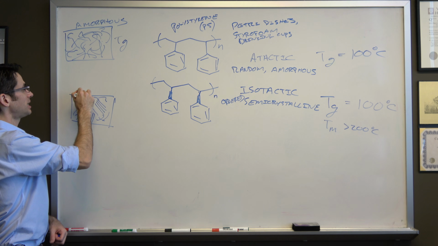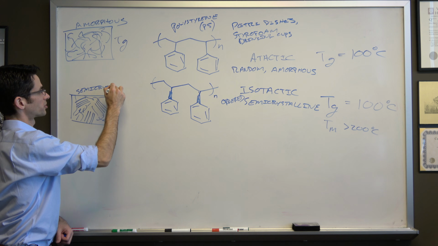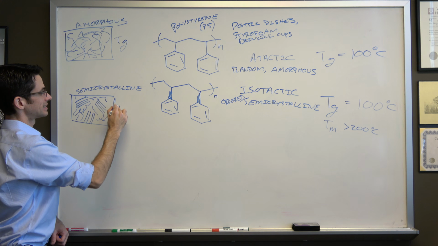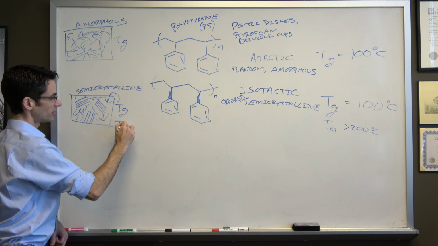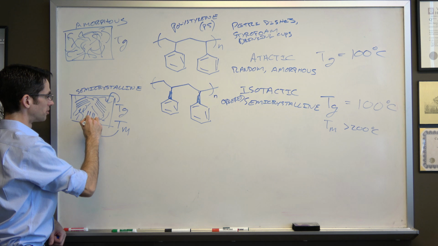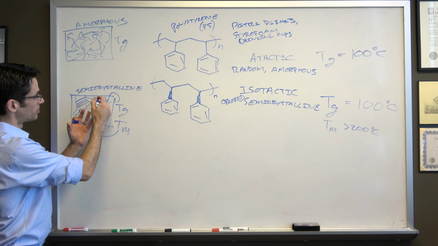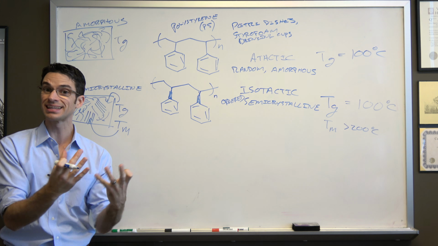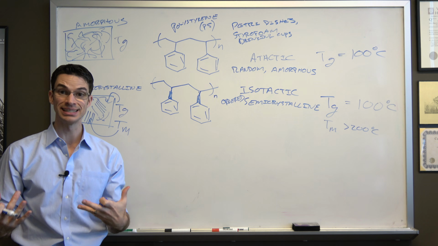So this is semi-crystalline, and it has a Tg of just the amorphous domains, but it also has a Tm of the crystalline domains. So you can think of the amorphous domains as melting at the Tg, and the crystalline domains as melting at the Tm.